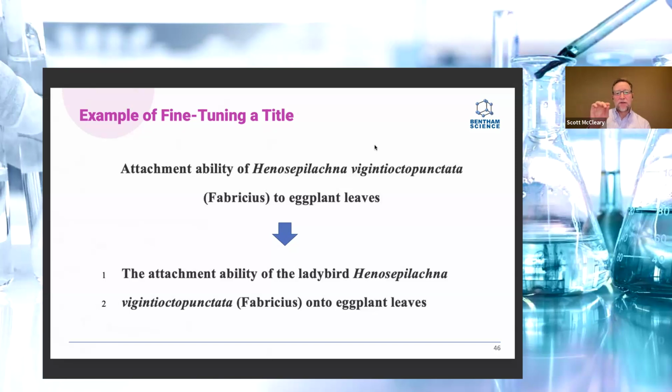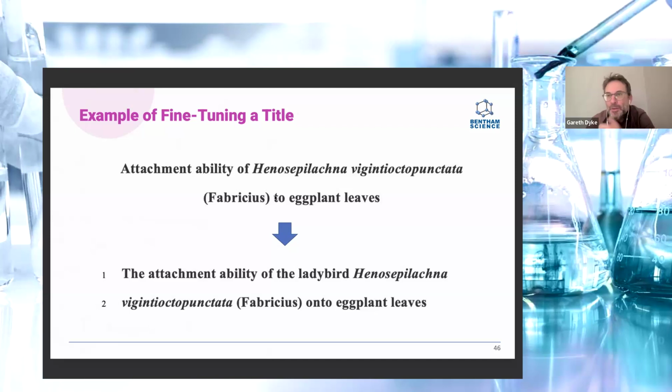I love that. Again, I think this is the art of crafting a title. This is a great example, Gareth, and I'm happy you shared this. You know, the preposition onto is more visual. It does change your image of this phenomenon. And I also love that you added the word ladybird for non-specialist readers. Yep, that's right.